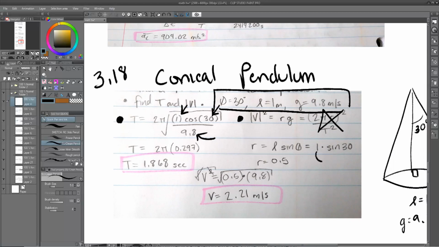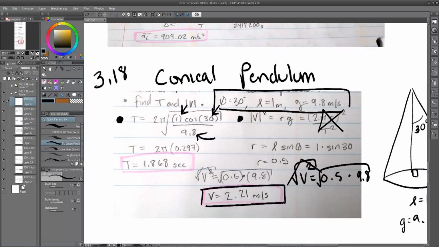We know the length is just 1, and we know that the angle is just 30. So once everything is plugged in, we know that r is 0.5. So the equation becomes 0.5 times 9.8, and this is squared to begin with, so we have to find the square root of both sides to cancel out this square root. So your velocity becomes 2.21 meters per second.